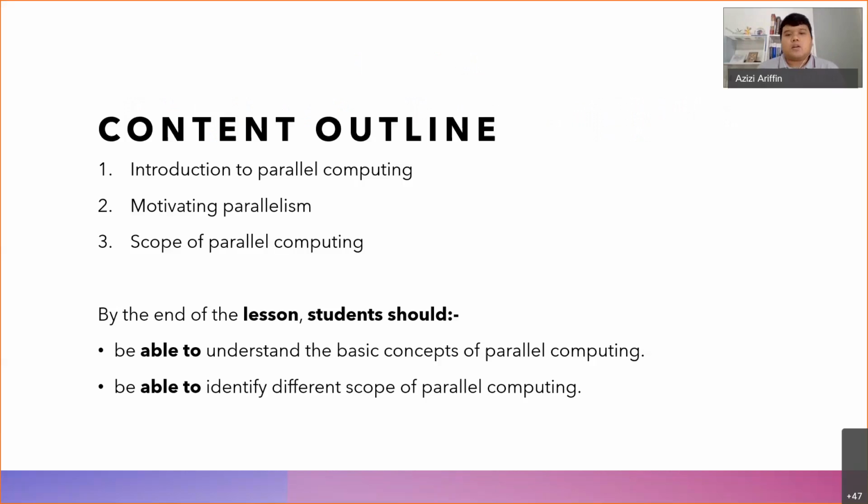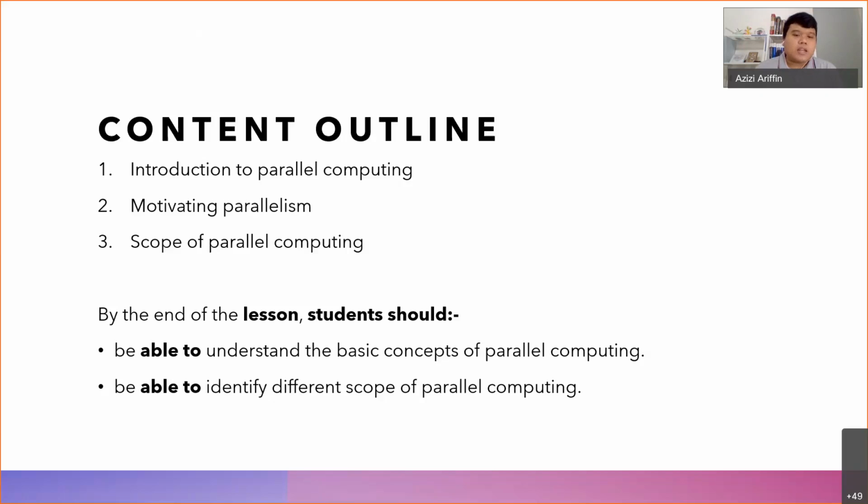So the content outline is, first, you will be introduced to the concept of parallel computing, and secondly, you will learn why we need parallel computing. What is the motivation behind parallel? And the third is the scope of parallel computing, where we apply it, where it is needed the most.